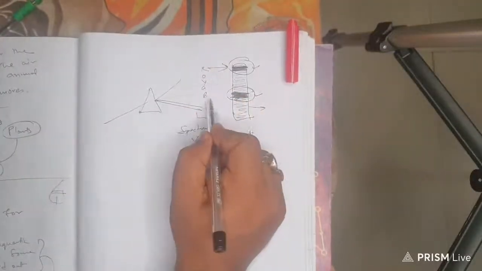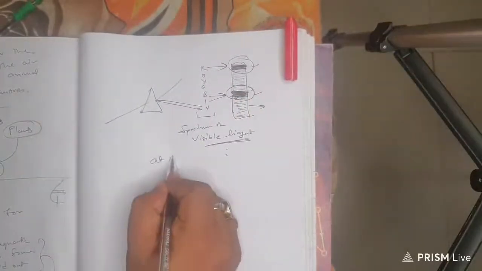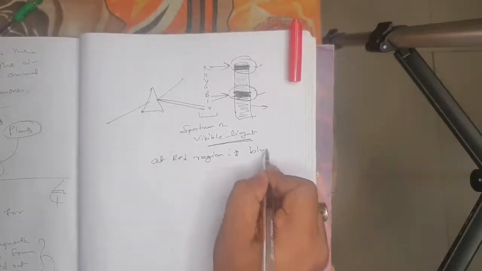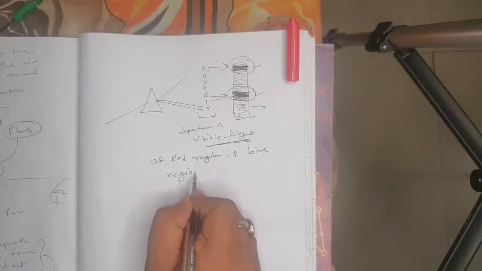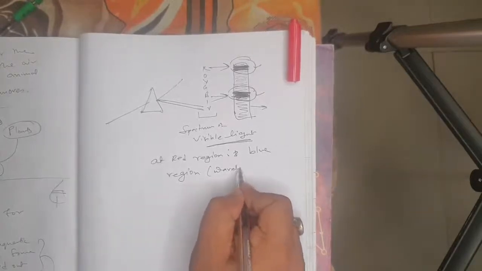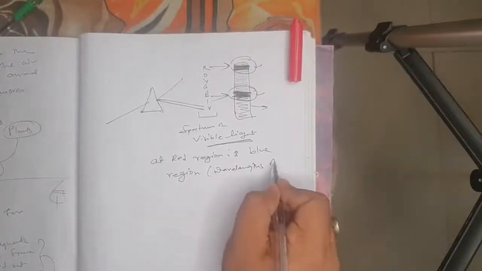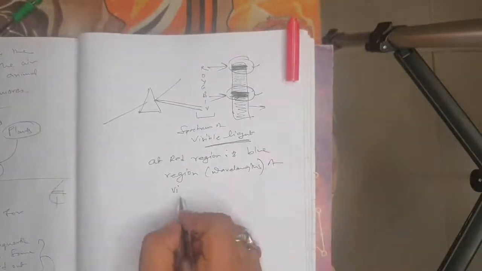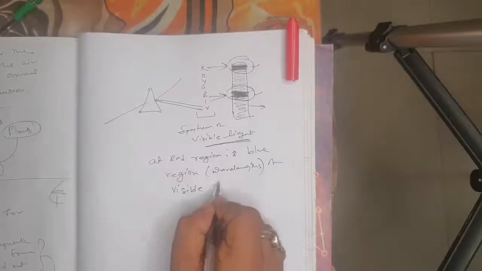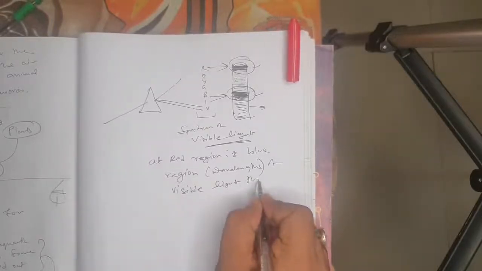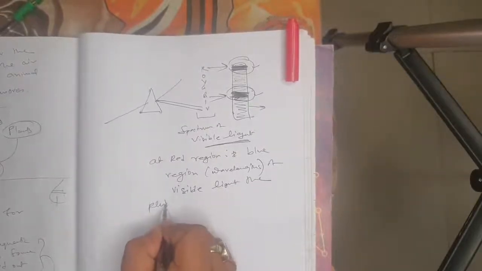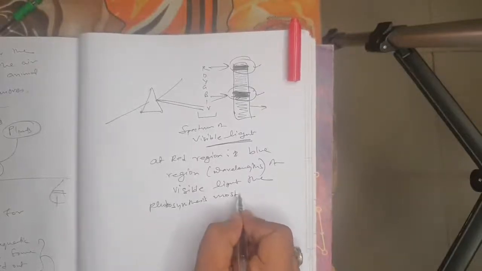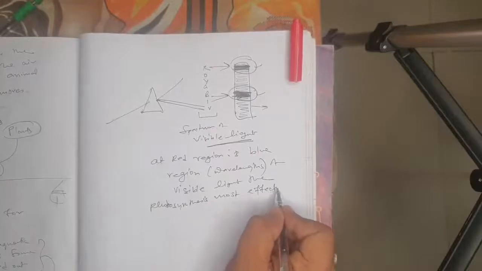That means at the red region and blue region or wavelengths of visible light, photosynthesis is most effective, or most productive.